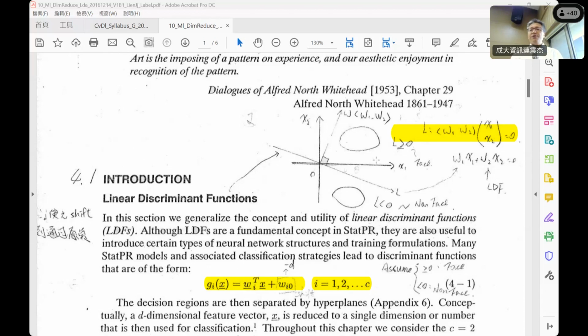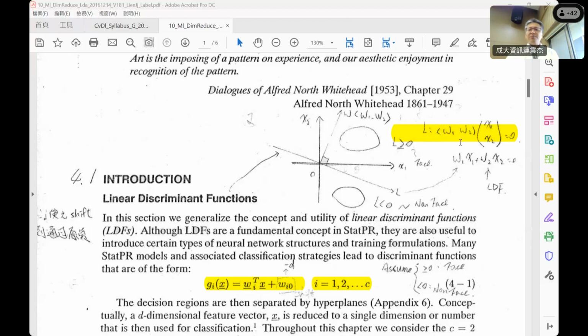However, if we try to find this line, each line consists of w and x, where x is the input data, which is simple. So x is the input data, we know. And w is the normal direction of this line. Last time we said w is the parameters or normal direction of this line.